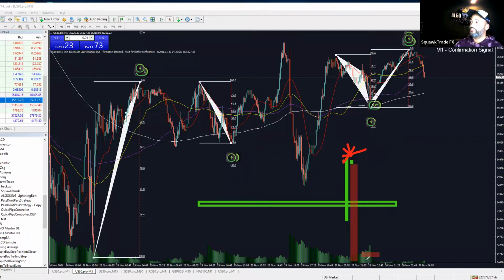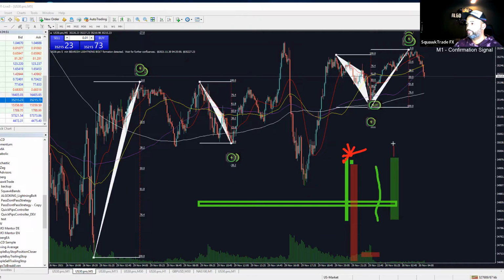So you've got to really decide how you want to read it. I like to print lightning bolts after the candlestick is closed. So when price goes up, price shoots up, and then on a candlestick close we hope it would look something like this.